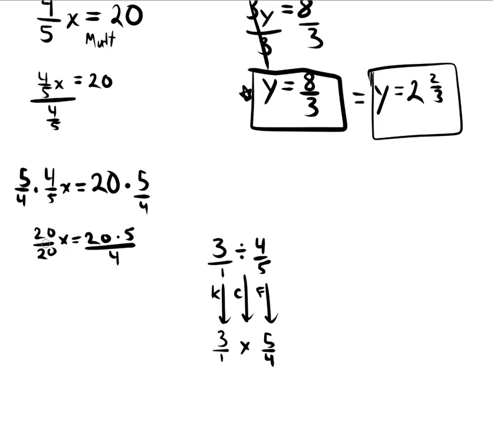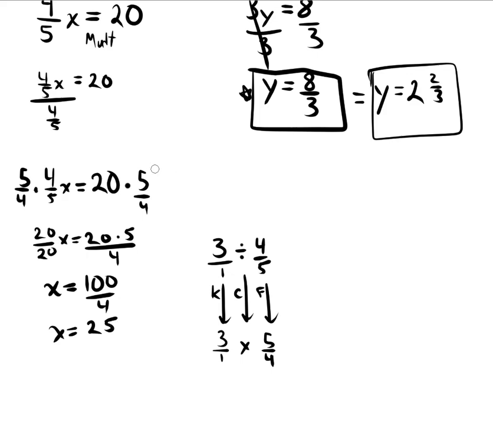And then this 20/20 is really just 1. So what I have is 1 times x, which is just x, is equal to 20 times 5 is 100 divided by 4, right? So x is equal to 25, right?